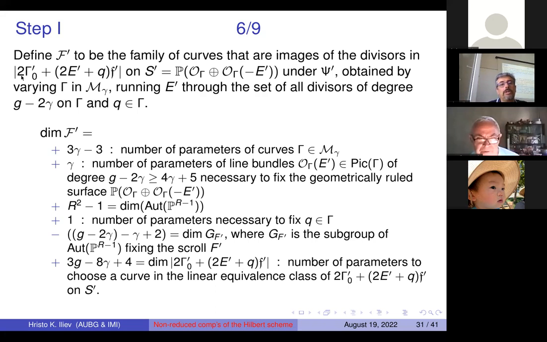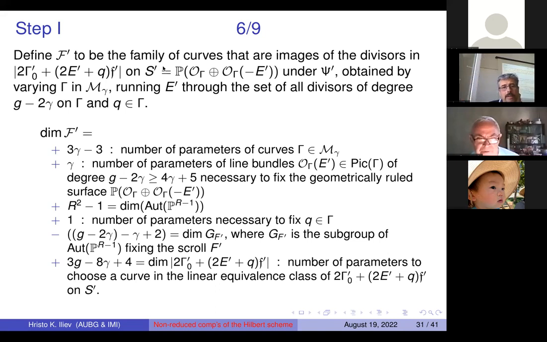Notice that such a linear series has a base point, this is the point where the fiber QF prime intersects gamma prime naught. But the general elements of the linear series are smooth integral curves of genus G. So these divisors are sent by the morphism psi prime onto the cone F prime, as they pass through the vertex, and they have the right invariants.